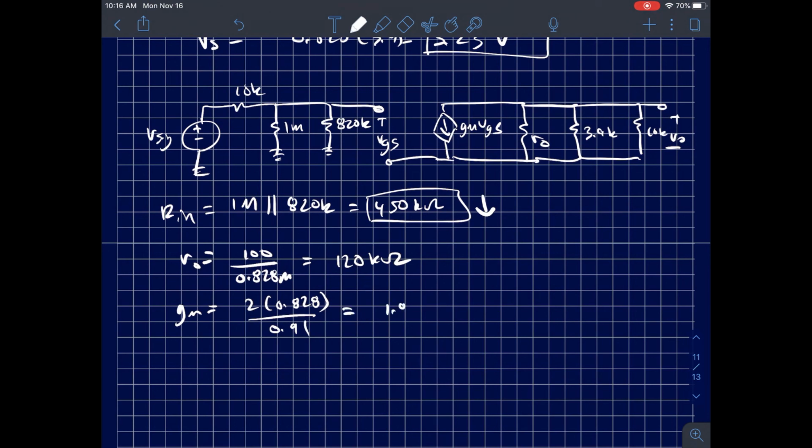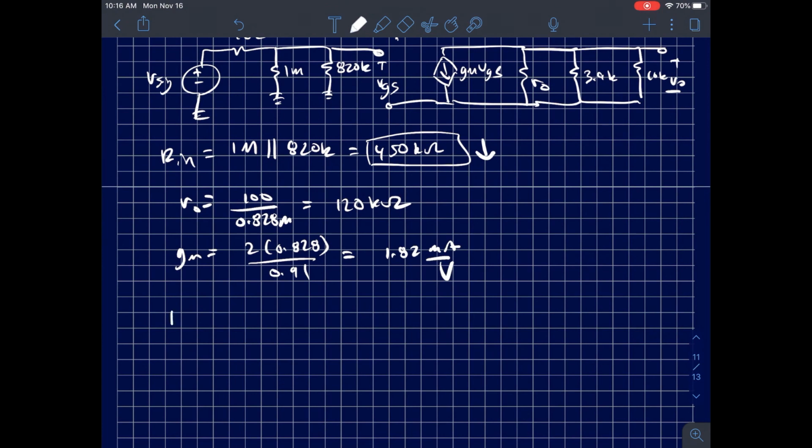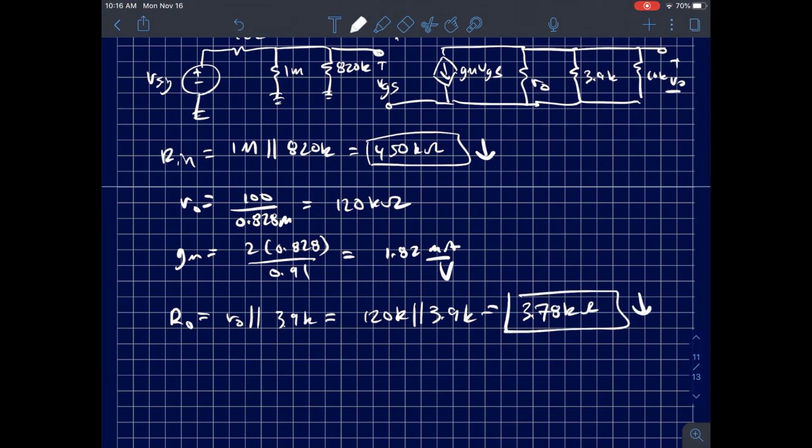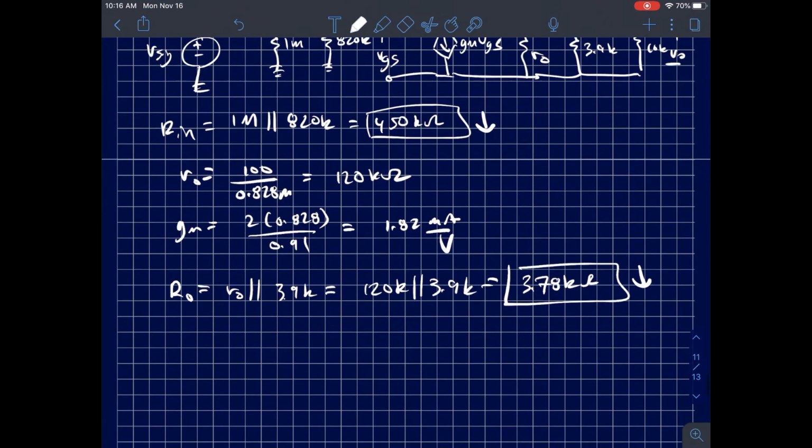That's equal to 1.82 milliamps per volt, so I expect that to be smaller than before. The output resistance R0 is going to be little r0 in parallel with 3.9K, my RD. That's equal to 120K in parallel with 3.9K, which is 3.78 kiloohms, which has also decreased slightly from what I had in my original design.